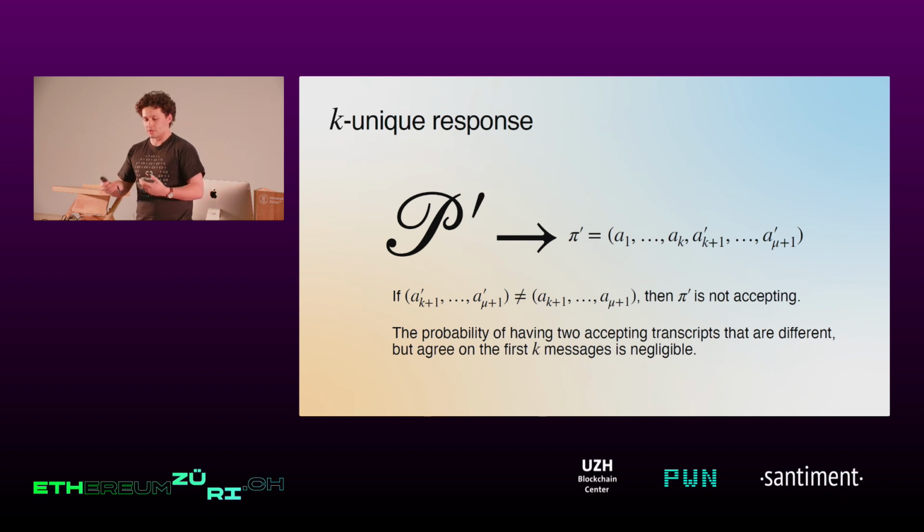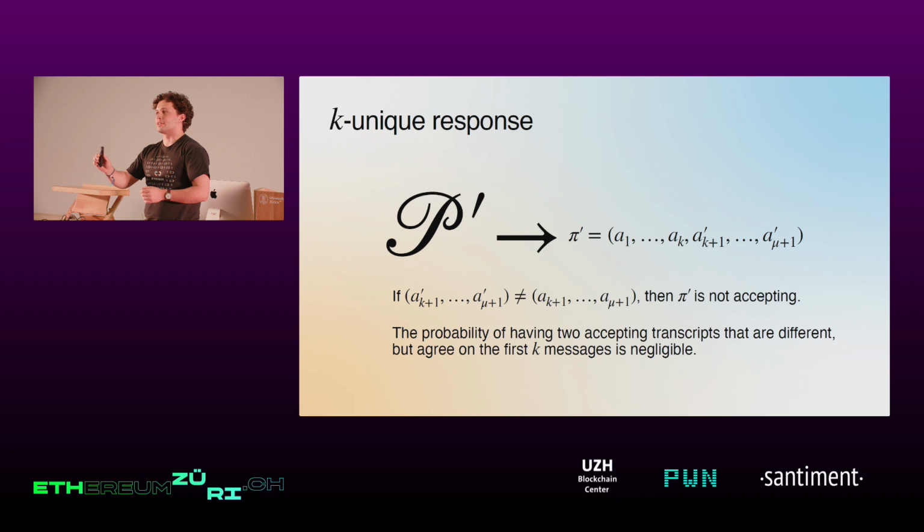You can summarize this by saying that the probability of having two accepting transcripts which are different, because some of the last messages are different, but the first k messages are the same, is negligible. You cannot have that. And here you say, okay, but how can the prover messages be different if the challenges are obtained by hashing, so the challenges should be the same?